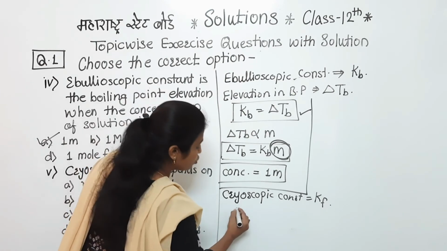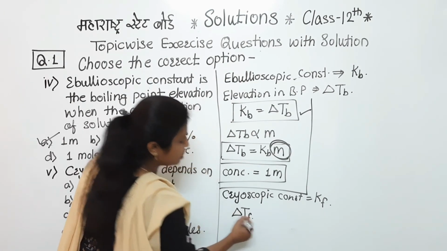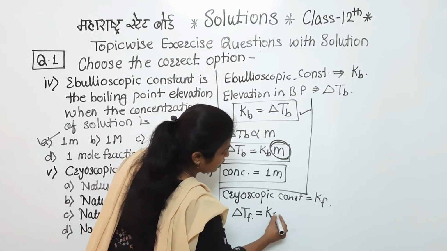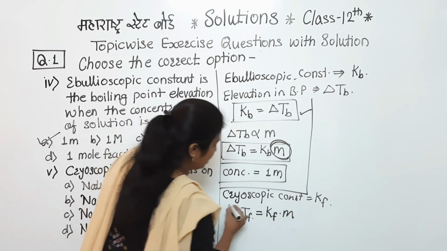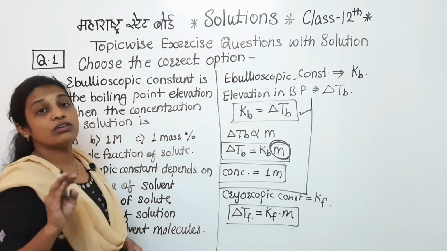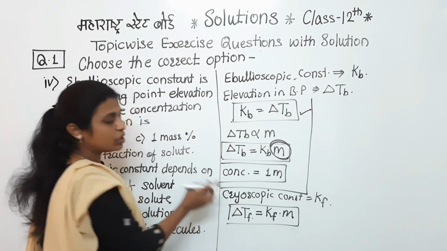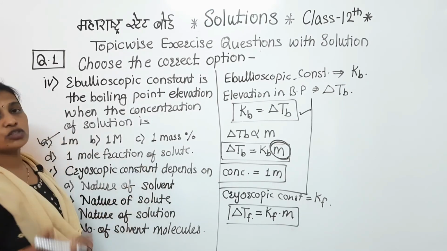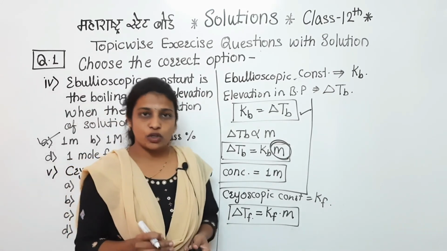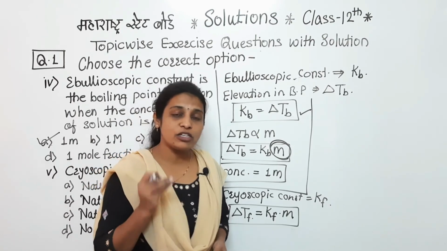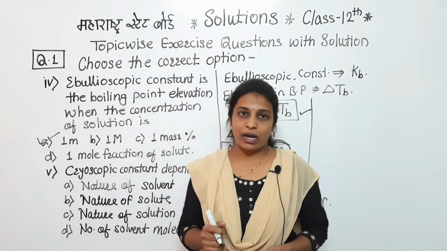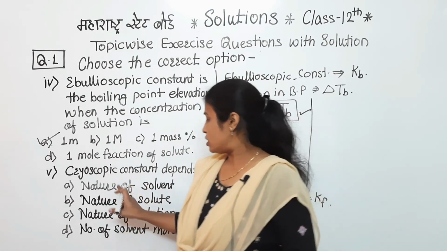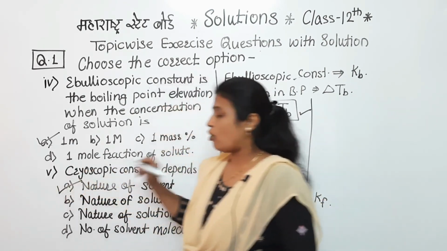For that, delta Tf is the depression in freezing point, and the relation is delta Tf equals Kf into molality. The question is not related to that relation, but I told you for your information. The question is: cryoscopic constant depends on. Colligative property depends on the number of solute particles and not on the nature of solute particles. But the cryoscopic constant depends on the nature of solvent.